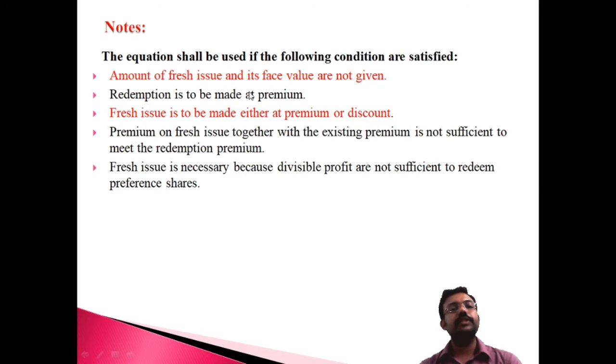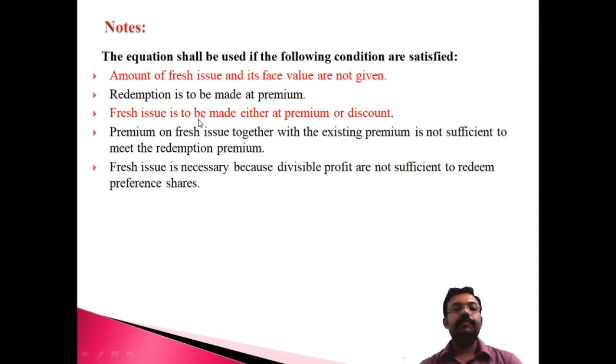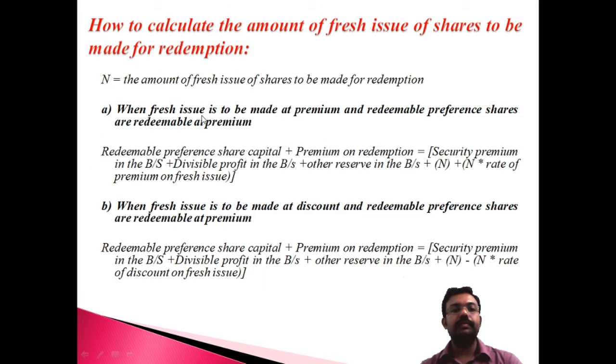First of all, നിങ്ങളുടെ fresh issue ന്റെ amount പറഞ്ഞിട്ടില്ല, then the face value പറഞ്ഞിട്ടില്ല. And the redemption is to be made at a premium. That means the preference shares are redeemable at a premium. Then the fresh issue is to be made either at a premium or at a discount.